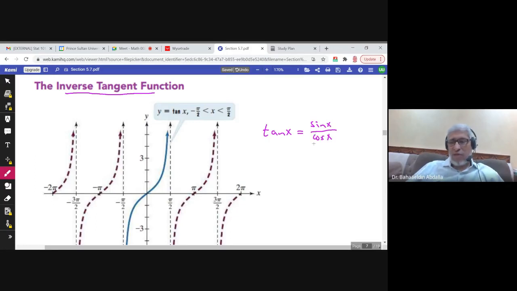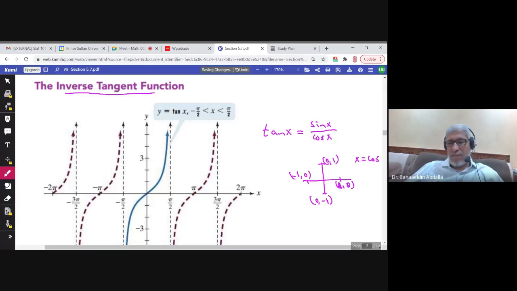So whenever cosine x is 0, tan is not defined. And if you remember also this graph, 0, 1, and this is 1, 0, and here negative 1, 0, and here 0, negative 1. And we said that here x is cosine and y is sine.